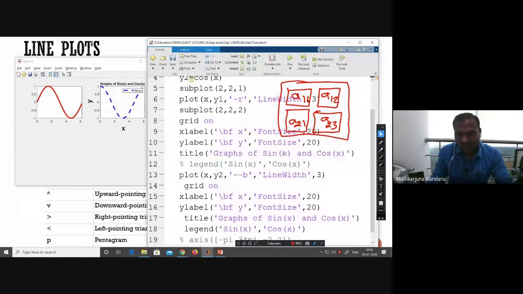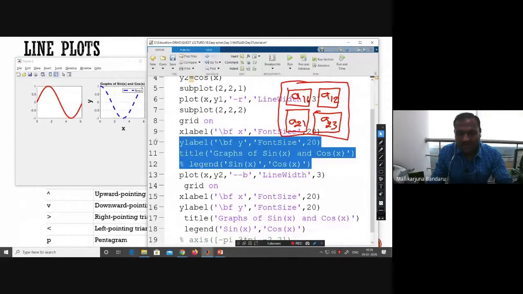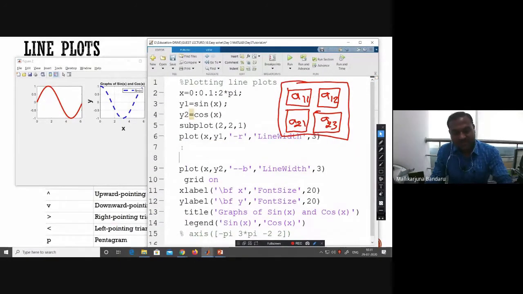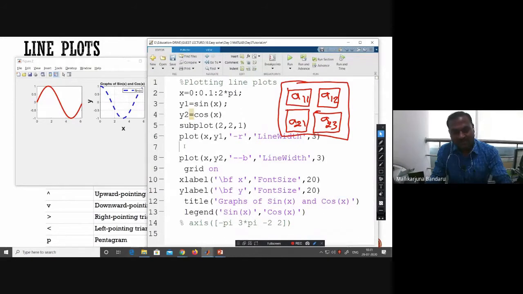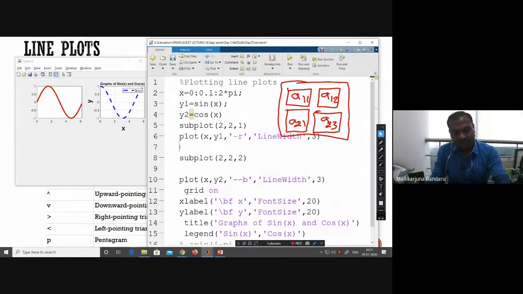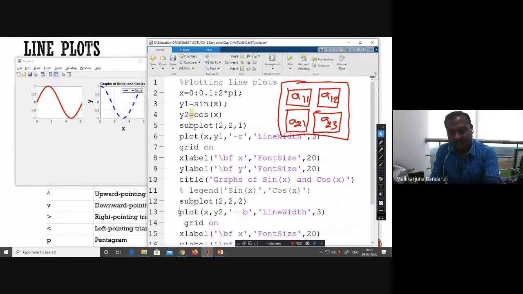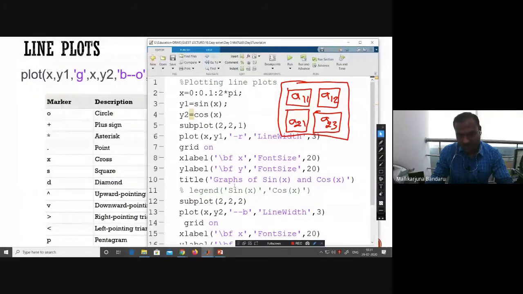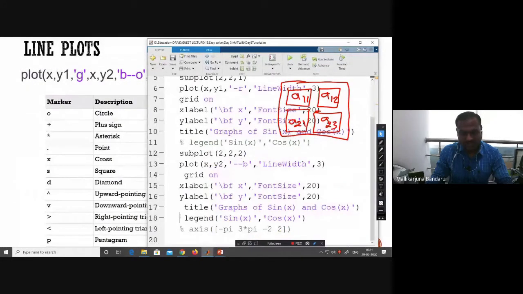Oh, again we copied in the same position, right? Sorry for that. So after the subplot, X and Y, and whatever the grid, the red color, the sign X is not visible properly. For these we made the legend, so that's why it's coming like that. Here you remove the legend.